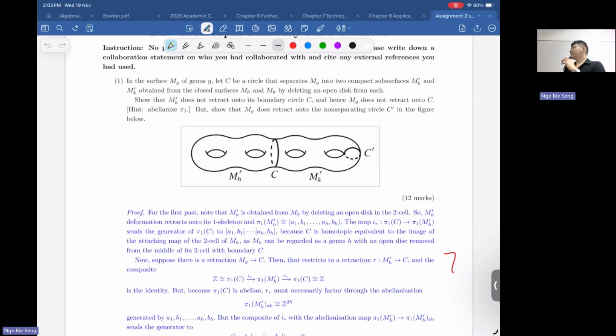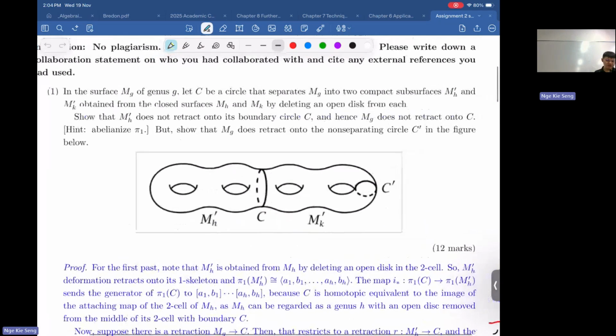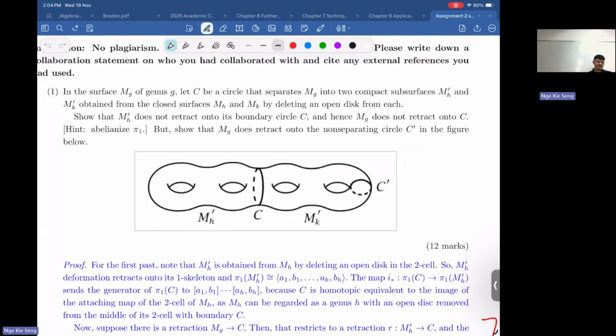And let me comment about the solution. Okay. So for the first one, you are asked to show that if you have a surface of genus G, and there are two circles here, C and C prime, if you remove one, you will cut this genus surface into two parts.